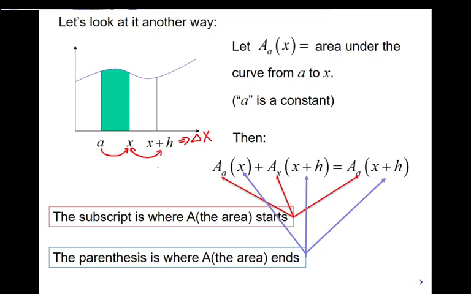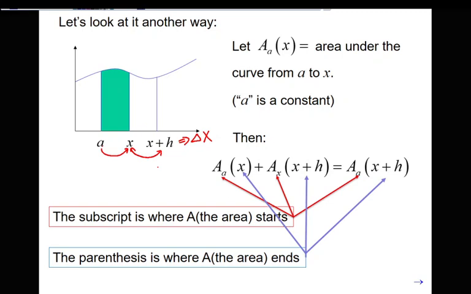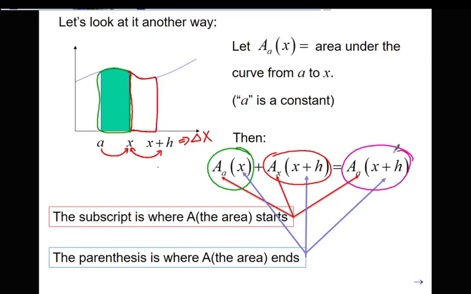So if we look at it this way, this is the area here, and this area here is the red area. And this area here is all of it, it's all of this area.